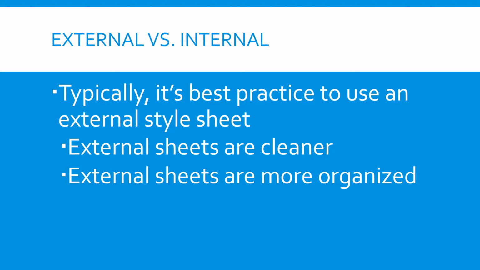And if you're using the same CSS document across all your HTML documents, it's definitely going to be easier to use the external CSS, because then you don't have to open up every single document and change the styles there. You can just change it in one place. And it just looks cleaner. It helps you keep organized, because you know exactly where all of your styling is. It's going to be in that styles directory or CSS directory.